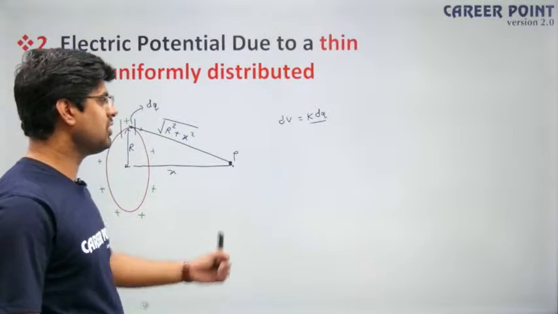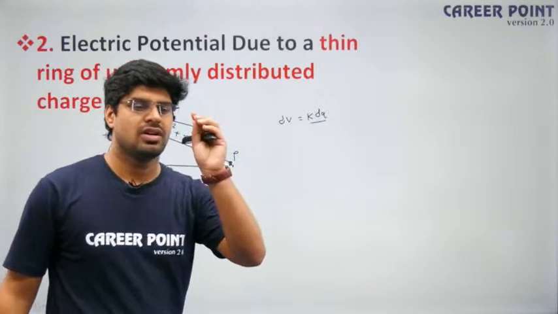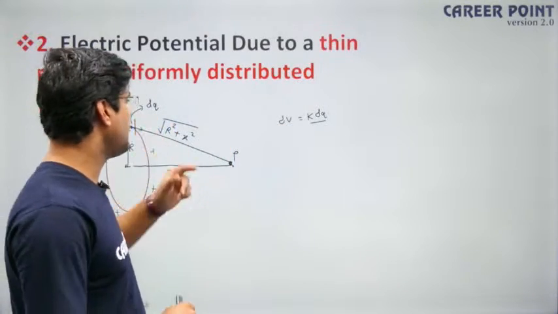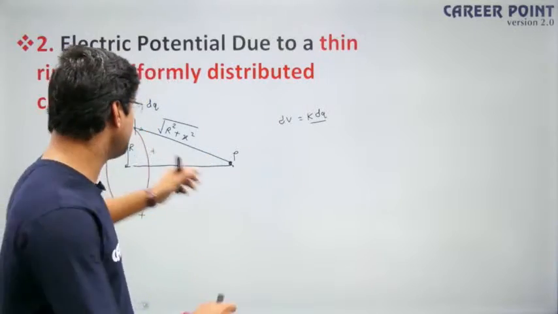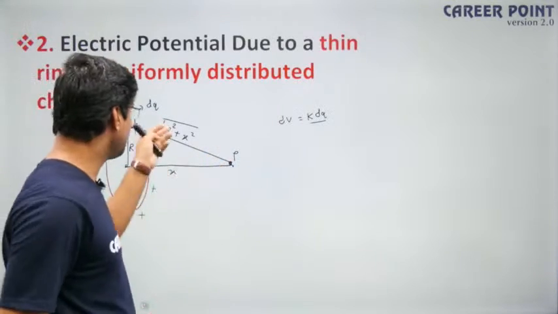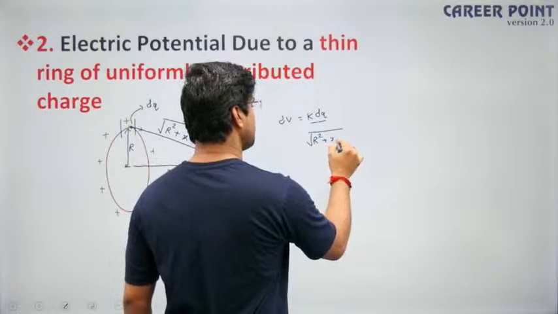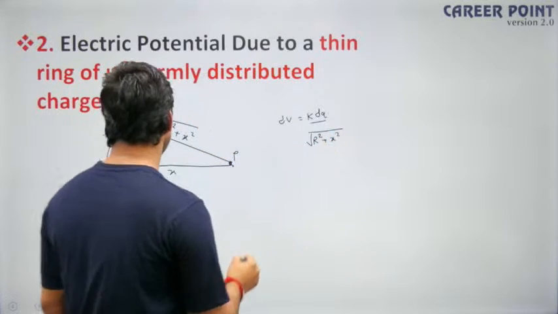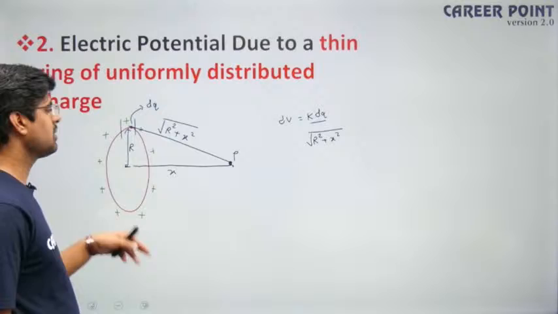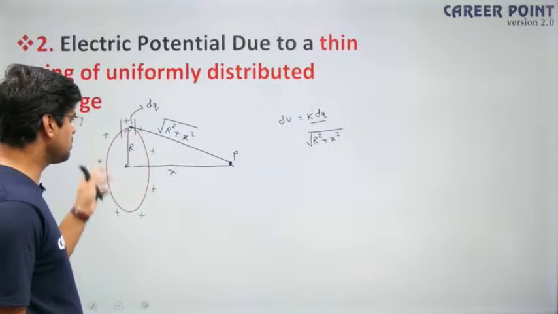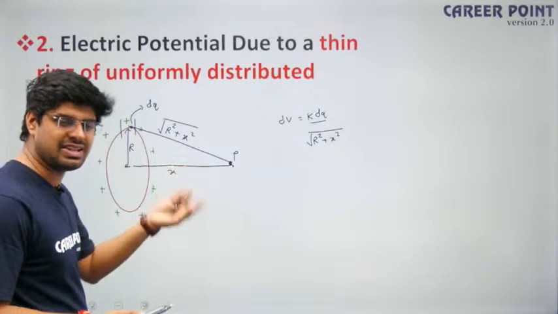So if you ask what will be the potential due to an element of charge dq, I can directly write k dq divided by distance of dq from point P, and the distance is under root of r square plus x square. So the potential due to the total charge present on the ring will be added up directly.